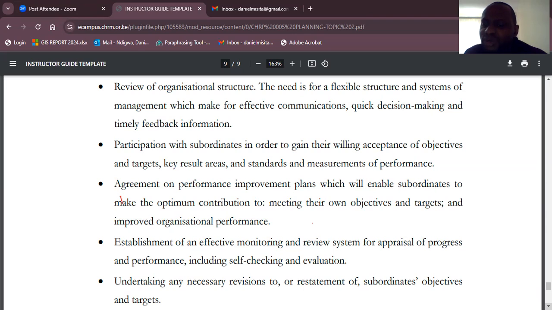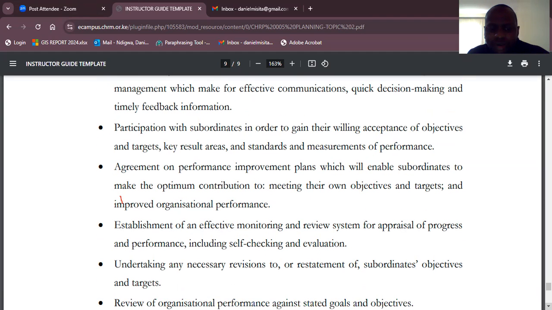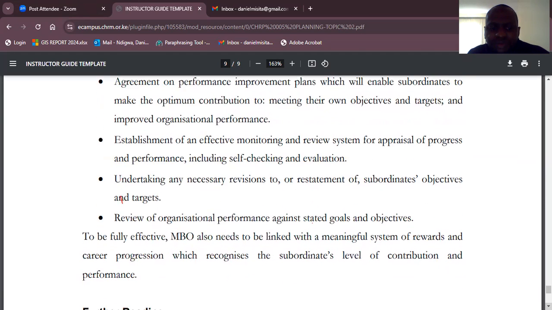For example, if you're in human resource, they can also have their own parameters of checking your performance. And these parameters should be similar for every employee so that at the end of the day, you can rank the employees based on their performance and give them what they deserve.